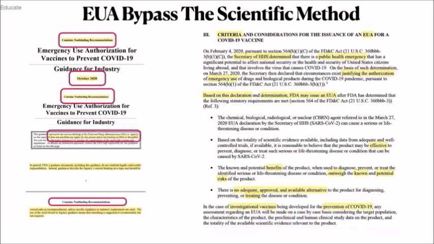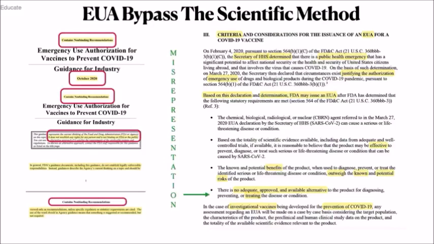These are the emergency use authorization requirements, and the 4th one stipulates that there's no adequate treatment available. That's critical, because if any of these 4 get knocked out, EUA dies. The only way you can maintain EUA is if all 4 of these exist.